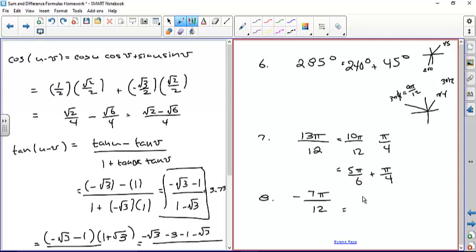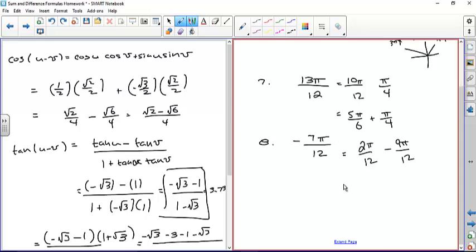So let's try that. We're going to subtract 9 pi over 12. So if we have 2 pi over 12, 2 minus 9 is 7. And 2 pi over 12 is pi over 6. And 9 pi over 12 is 3 pi over 4.